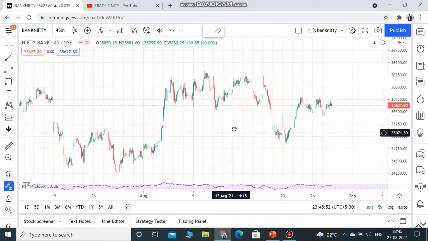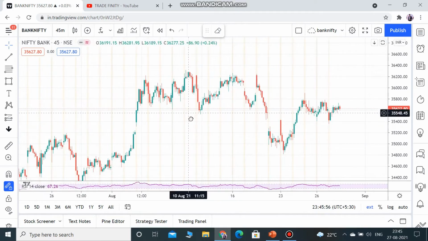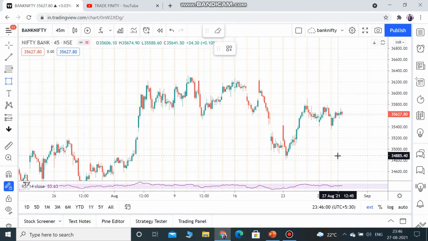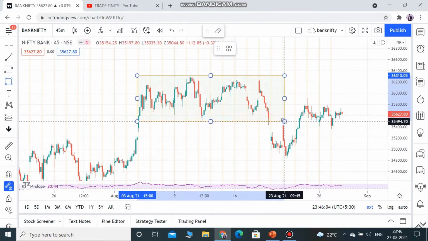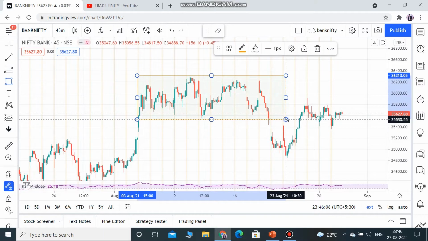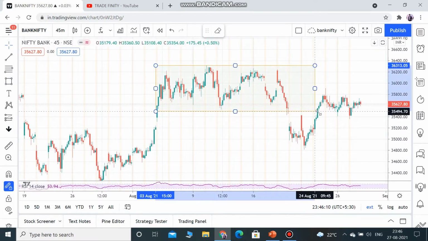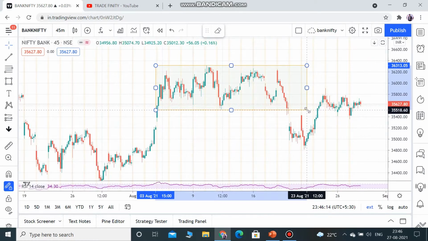I'll be showing 2 or 3 examples and you can backtest it anyway. On the first part, this is a recent chart. I will mark this as my first consolidation, till here.